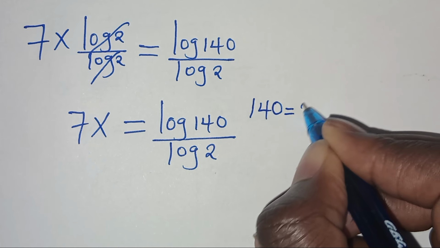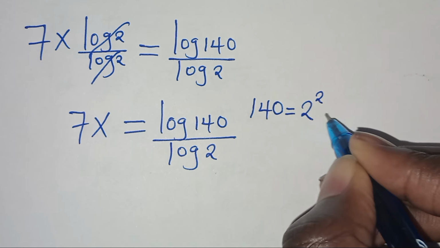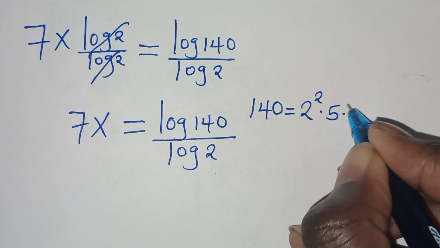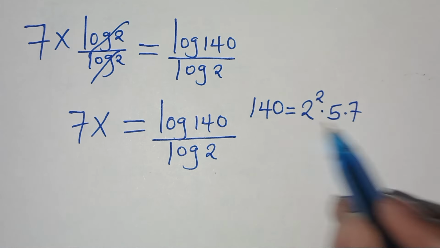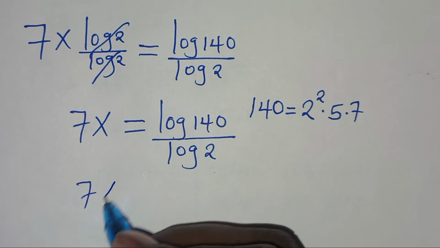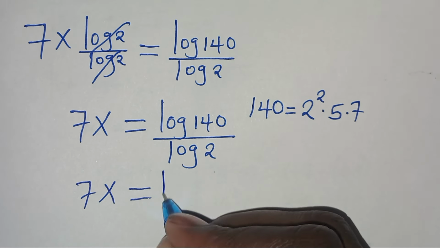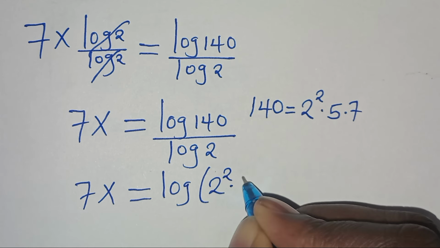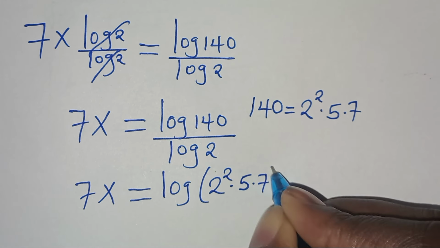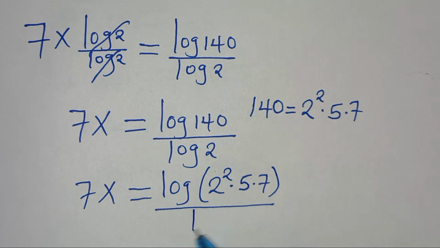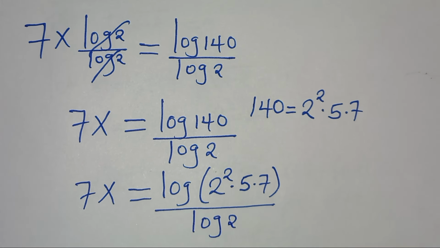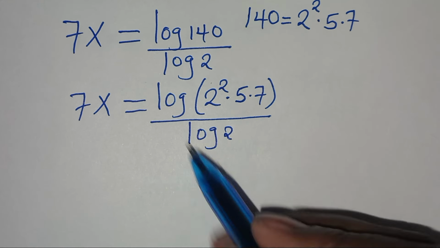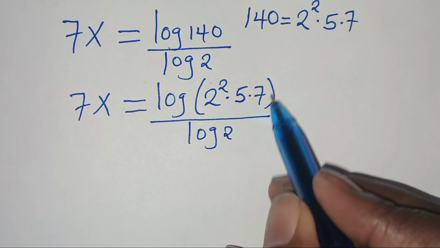This is the same thing as 2 to the power of 2 multiplied by 5 multiplied by 7. Substituting this, we have 7x. This is equal to log of 2 to the power of 2 times 5 multiplied by 7. Everything here divided by log 2.